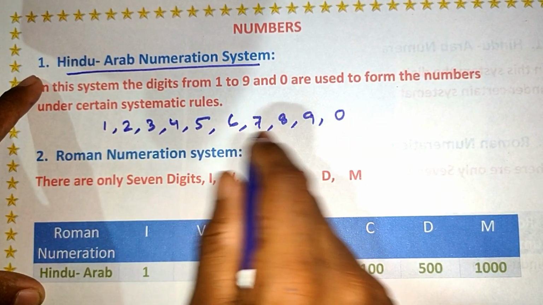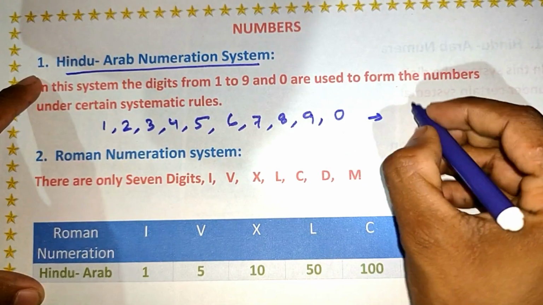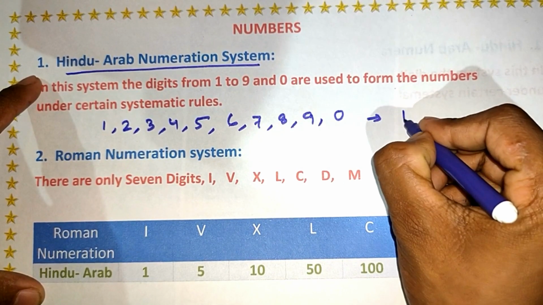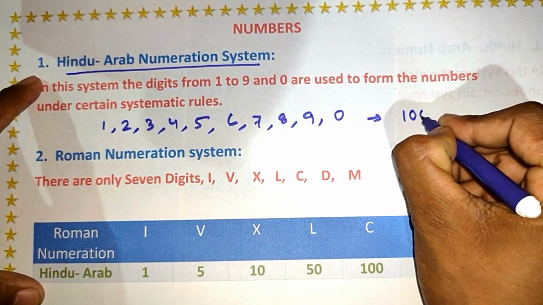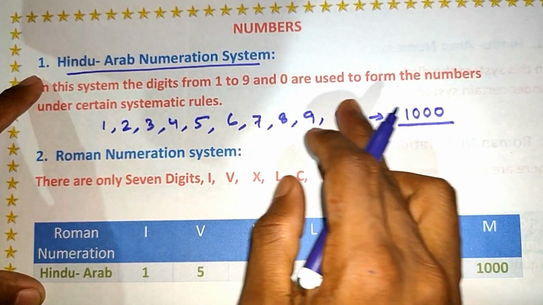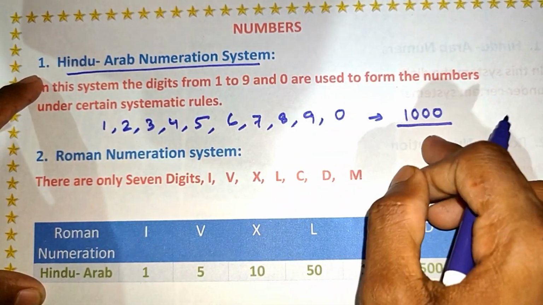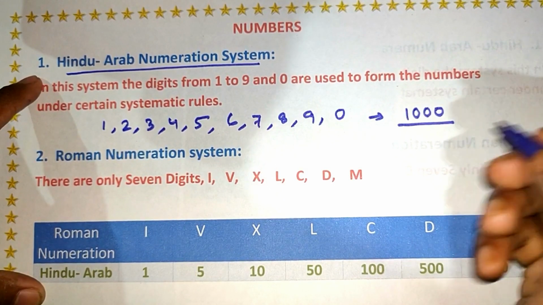So with the help of these 10 digits, we will write numbers. Suppose I am writing 1000. I will write 1 and 3 zeros with 1. So it will be our 1000. Likewise, in the Hindu-Arabic numeration system, these 10 digits are used to write different numbers.